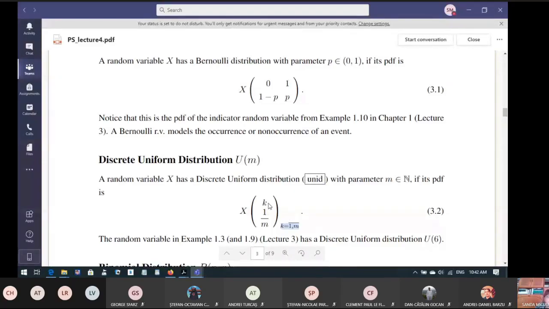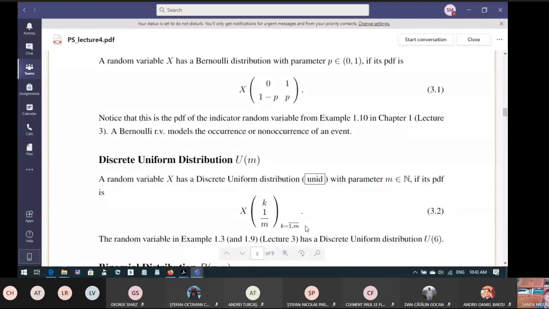So it takes the values k from 1 to m, and each of them with the same probability. See, 1 over m is a constant, it doesn't depend on the value of k. Hence the uniform. The probability is distributed uniformly on the set of values from 1 to m.